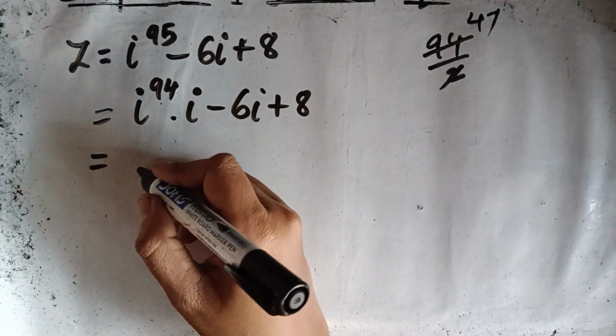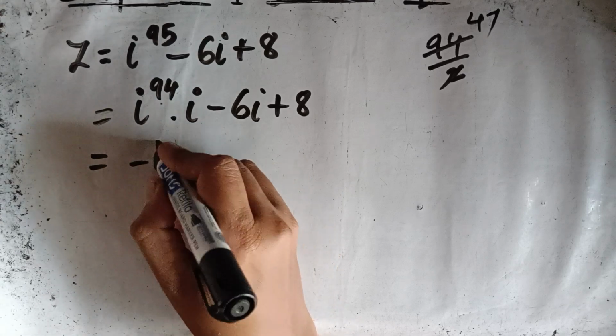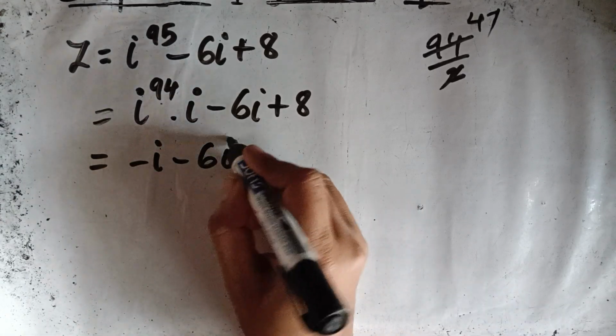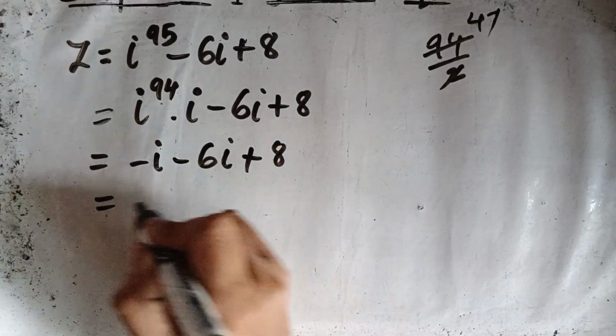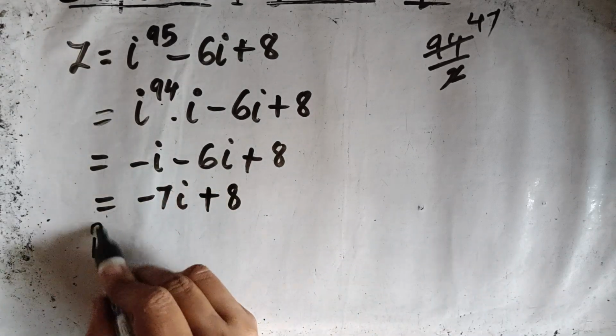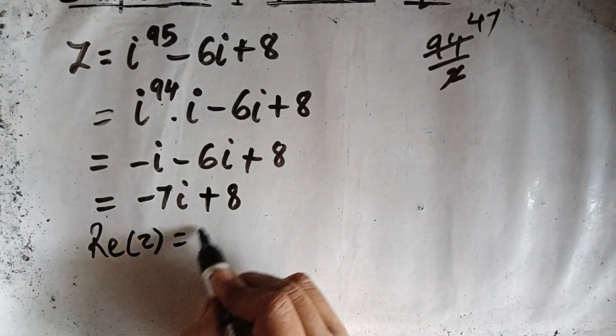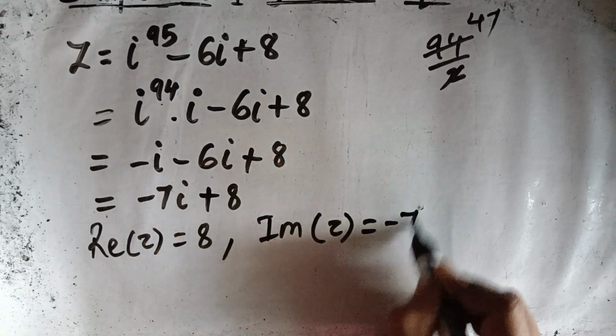So I square raised to 47, an odd number, gives minus 1. So minus I minus 6i is minus 7i. So real part is 8 and imaginary part is minus 7.